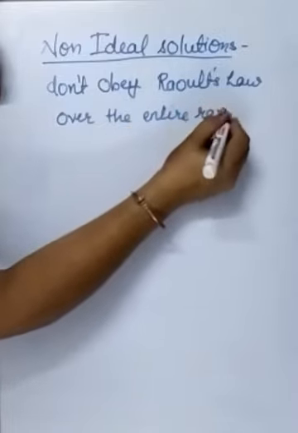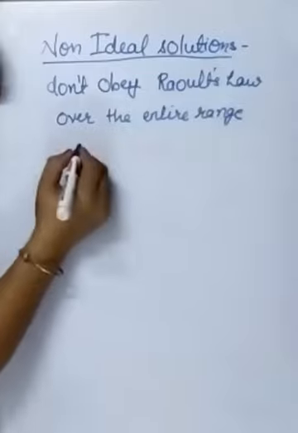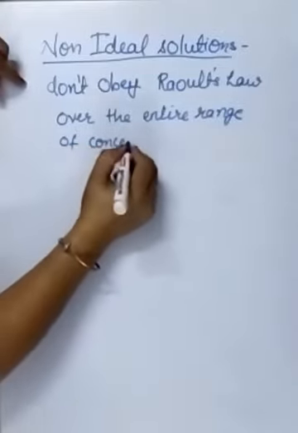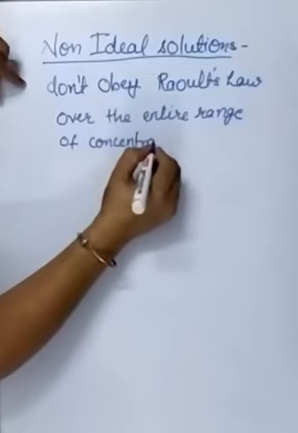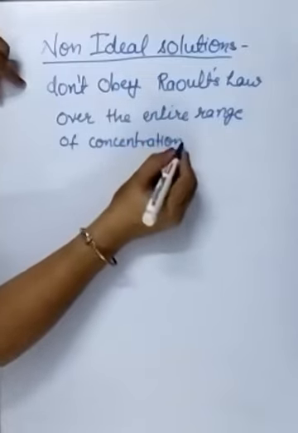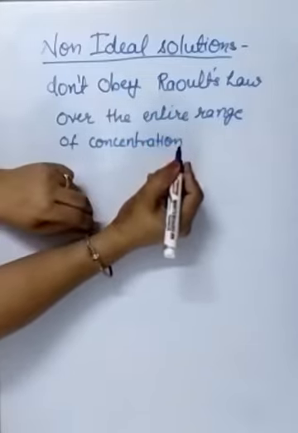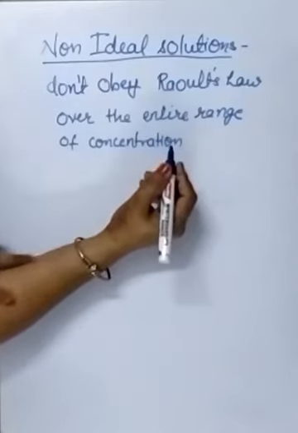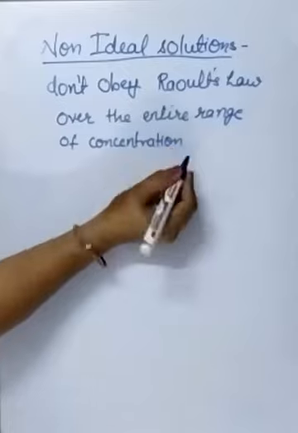This we have seen last time. Ideal solutions follow Raoult's law over the entire range of concentration, and non-ideal solutions do not follow Raoult's law over the entire range of concentration.